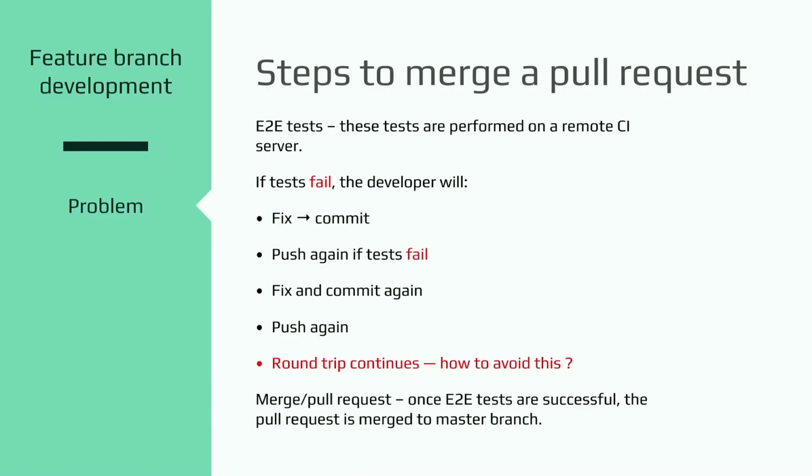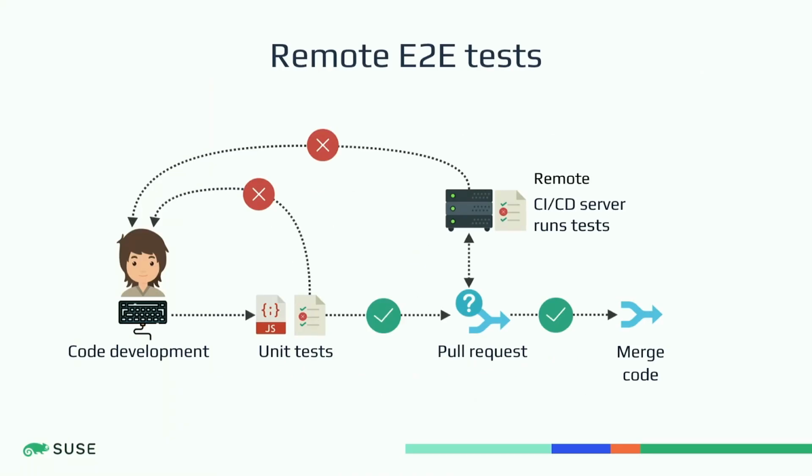The main problem, I would say, is running these tests end-to-end at a remote server, okay? How can we actually avoid this? So this is where generally a developer writes unit tests. If everything is good, he raises a pull request.